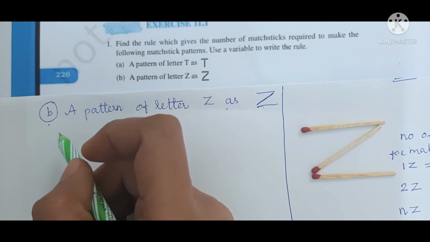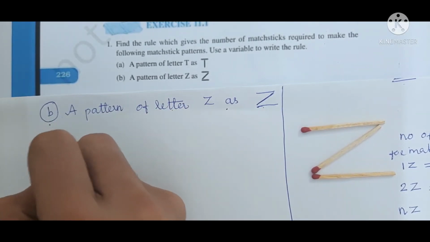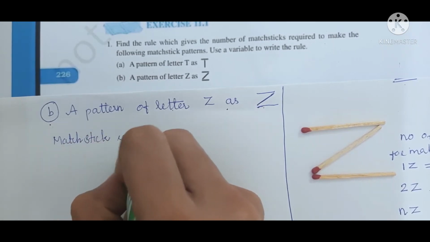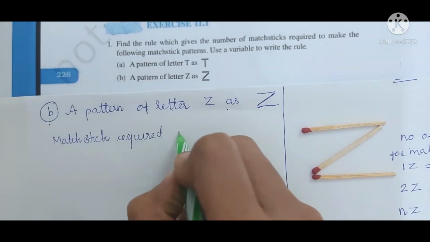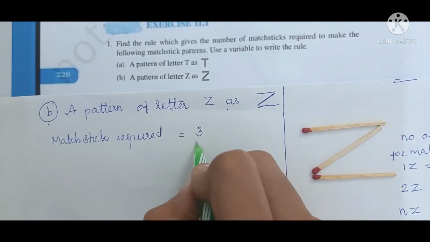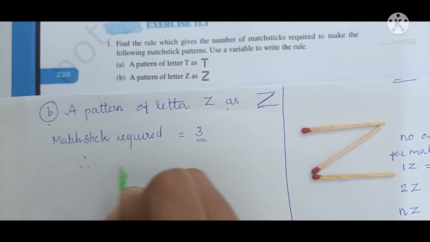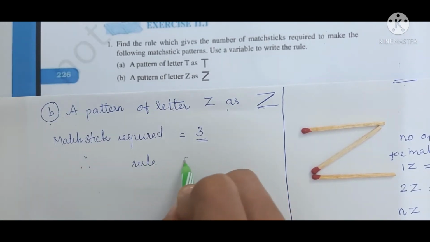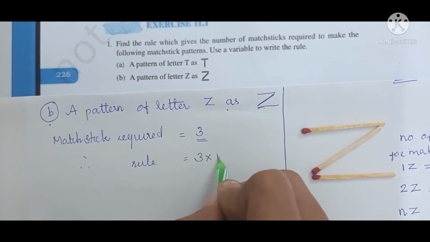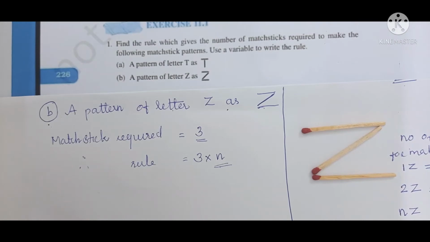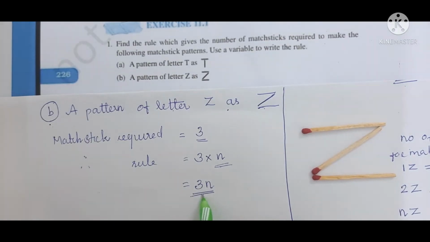The answer is: matchsticks required is equal to 3 into n, because we chose n as a variable, right? So the rule will be 3n.